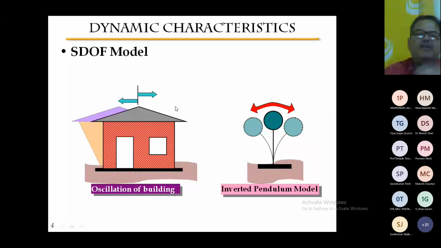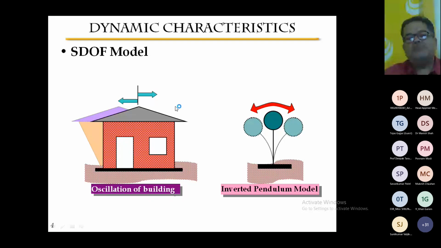We do not want to involve ourselves in too much mathematics, and therefore we assume that mass is concentrated at the floor level, because there is a slab with a very heavy mass at one particular level when we talk about lateral displacement.